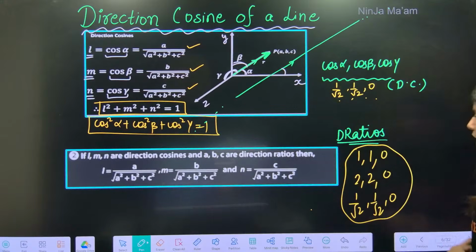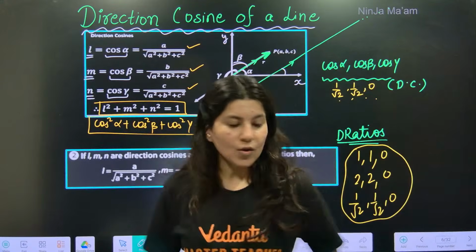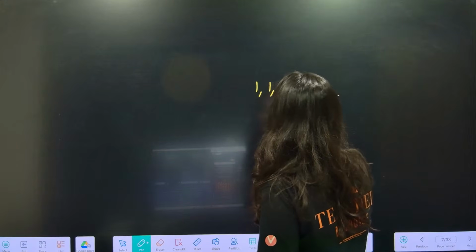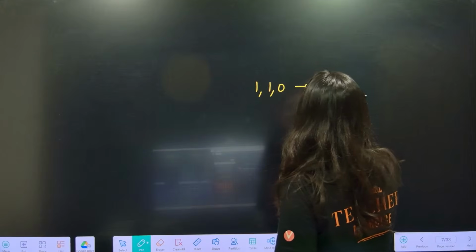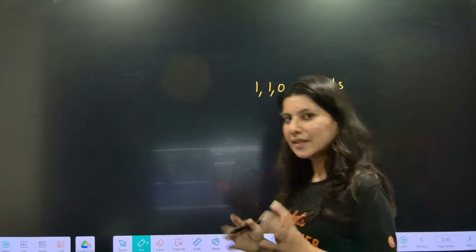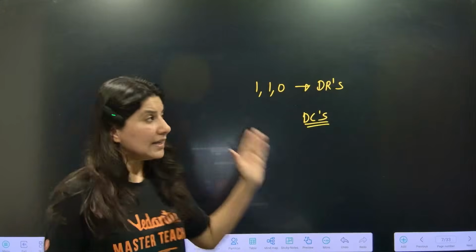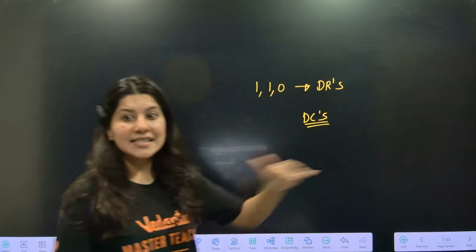Okay. And now a little small exercise: if I give you 1,1,0 as DRs, and now you have to calculate DCs. Usually this type of question will be there, that DRs will be given to you and DCs will be asked.